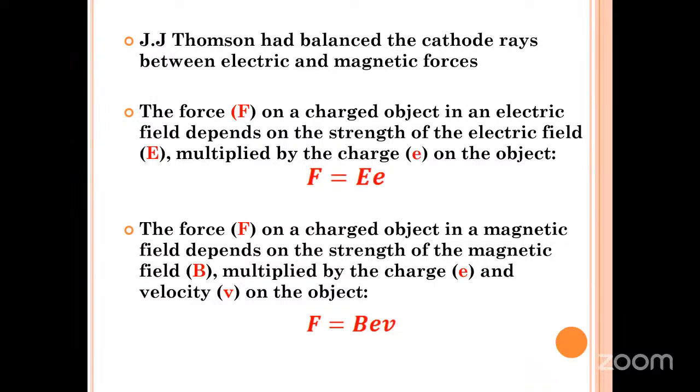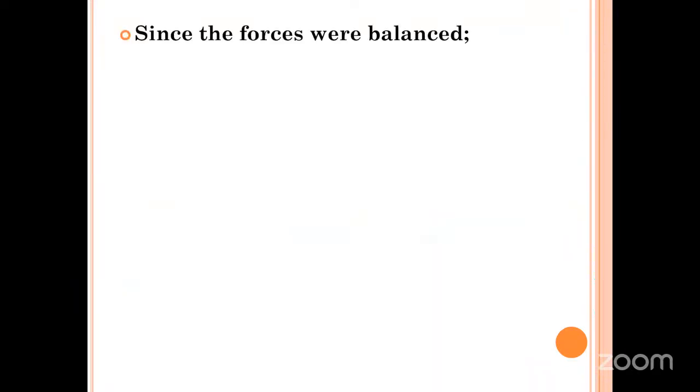Thank you. So since F equals E multiplied by e, and F is also equal to B multiplied by e times v, what if we equate these forces together? If the forces are balanced, we can say the electric field force is equal to the magnetic field force. We can make the velocity the subject of the formula.